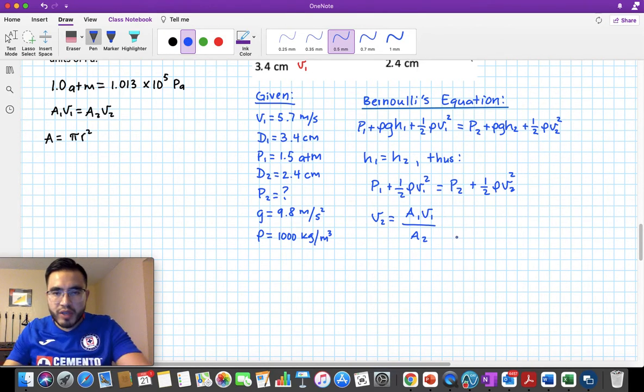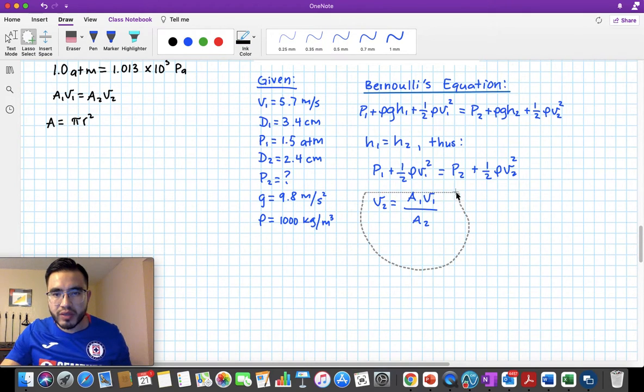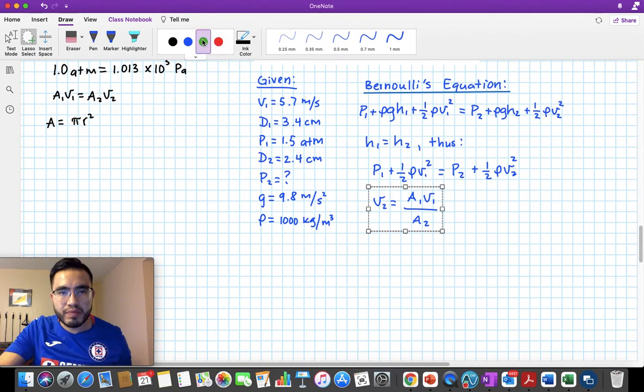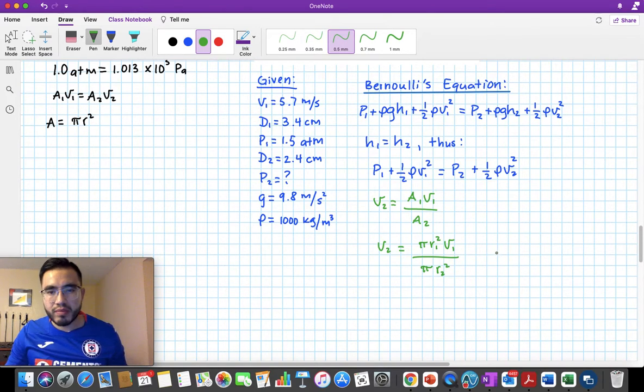So then my equation will read: velocity 2 is equal to pi r1 squared times velocity 1 divided by pi r2 squared, and that's it.